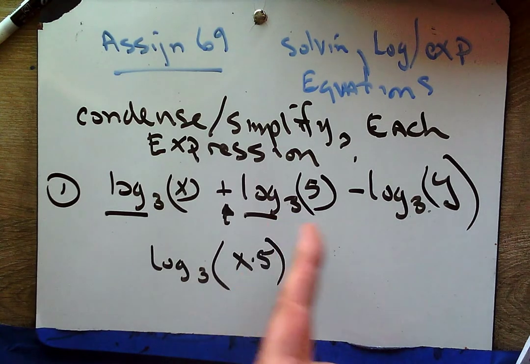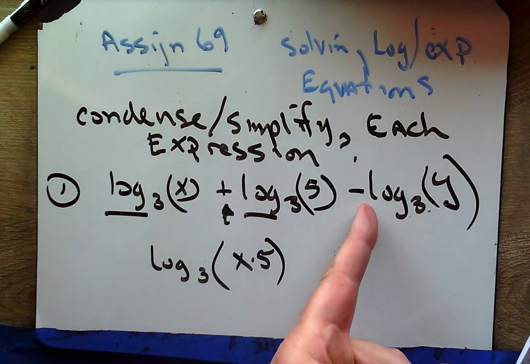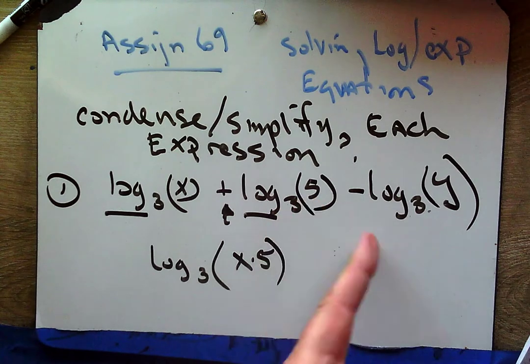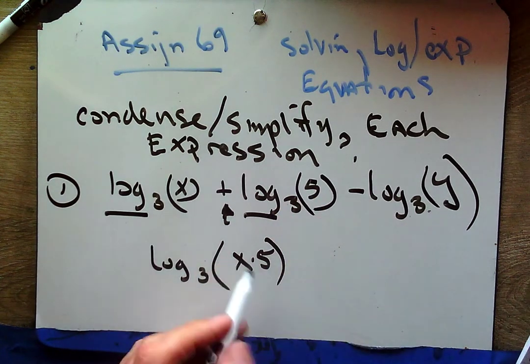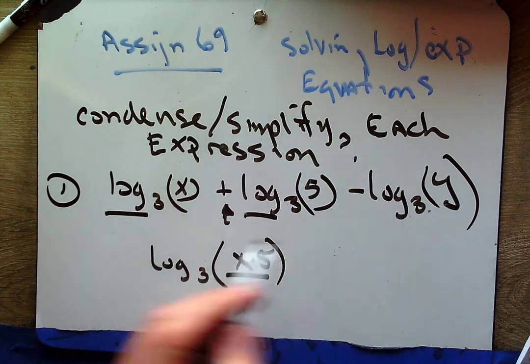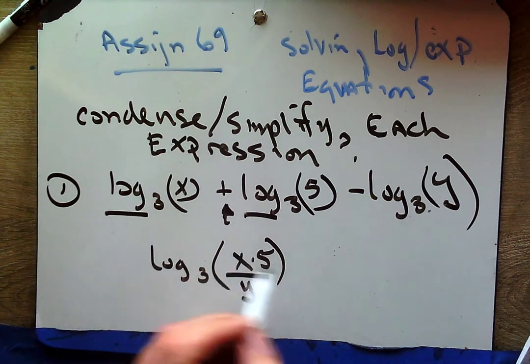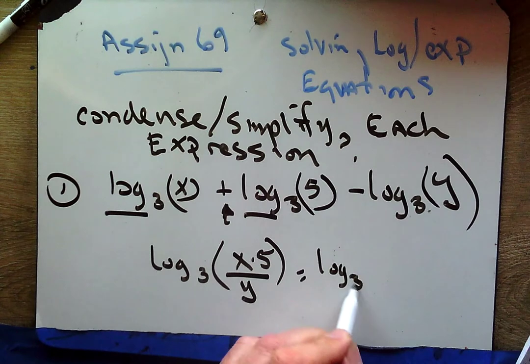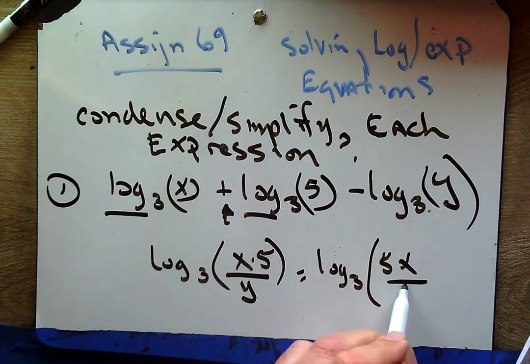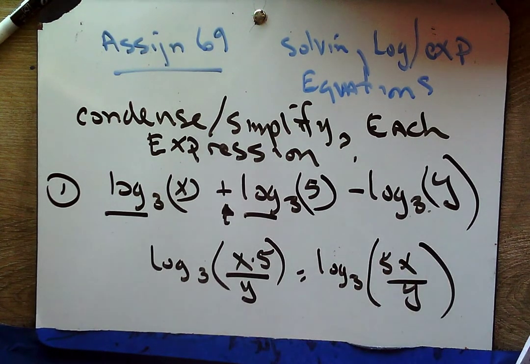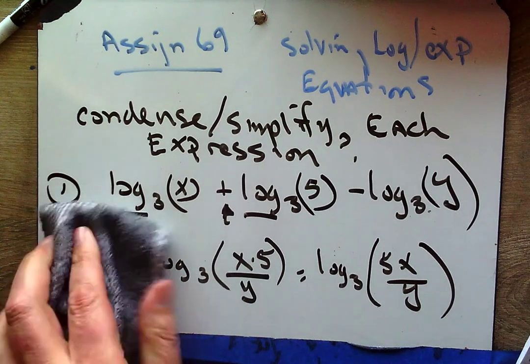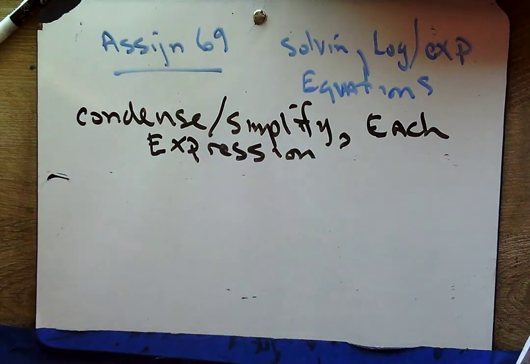I remember when I had two logs joined with subtraction, I could combine those into one log involving division. Yeah, and I'd probably put that base 3, 5x over y. Nice. Okay. What if I had something like this?